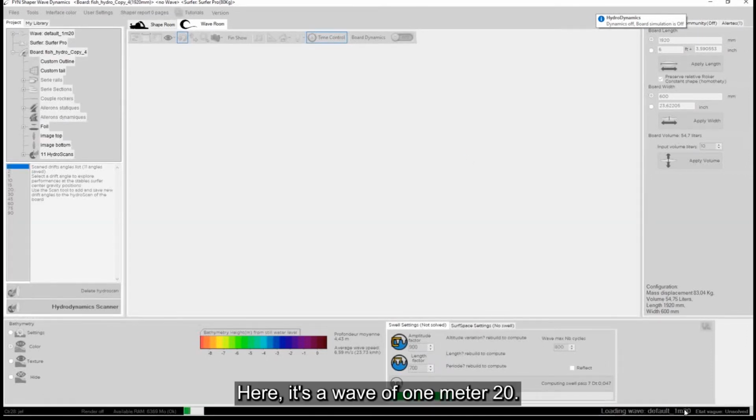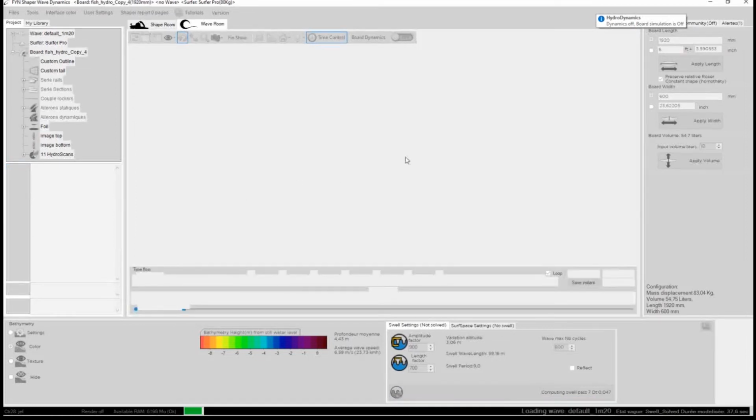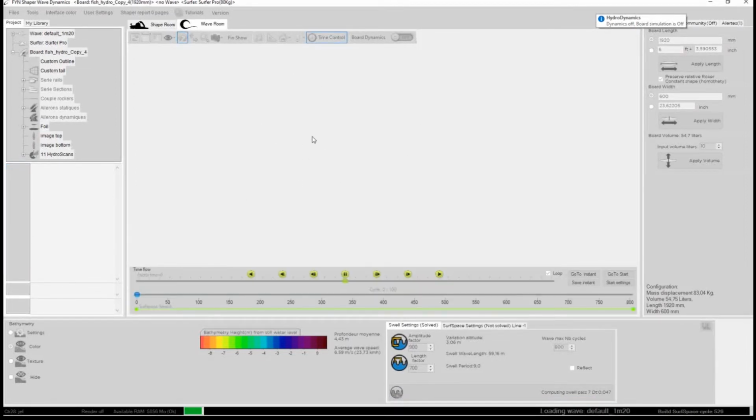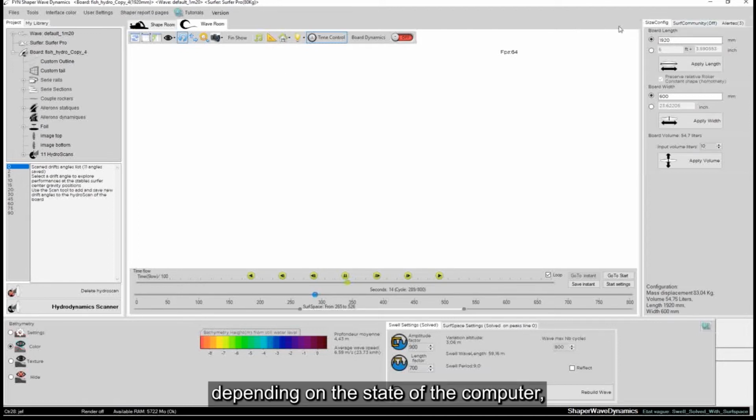Here, it's a wave of 1 meter 20. Depending on the state of the computer, we can arrive at losses of the graphic display.